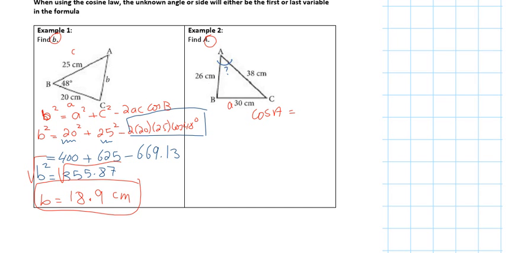Never mind, that's C, and that's B. So it's B squared plus C squared minus A squared over 2BC. So that's going to be 38 squared plus 26 squared minus 30 squared over 2 times 38 times 26.